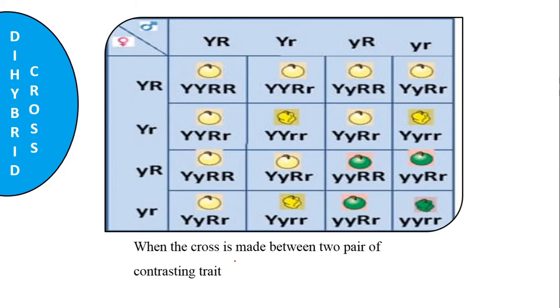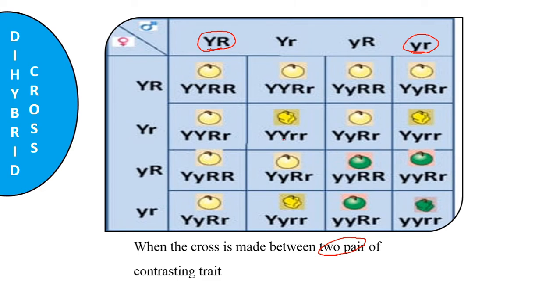So when the cross is made between two pairs of contrasting traits, such type of cross is known as dihybrid cross. Or we can also say that an organism which is heterozygous with respect to two pairs of alleles at two loci under study. For example, here yellow colored and round seed is crossed with green colored and wrinkled seed.